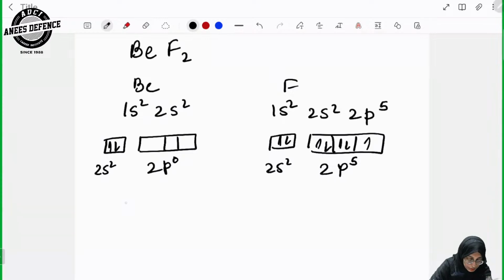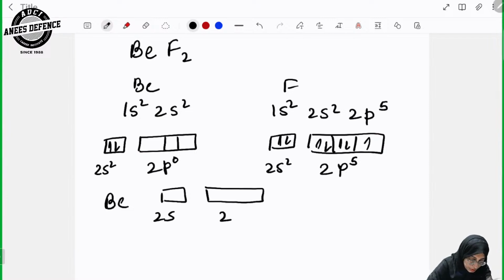Let's see, beryllium is having 2s and 2p is 0. So what will we do? We will excite it. In the excited state, this electron will come to the p orbital.